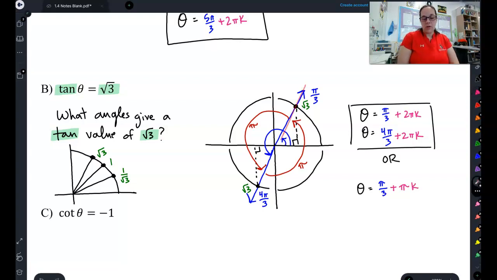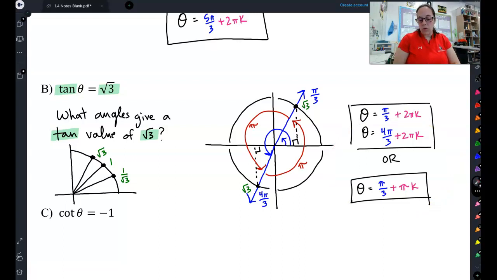So I start right here at pi thirds, and I add pi to get to this one, add pi to get to this one, add pi to get to that one, and that gives me all my coterminal angles. Or you could minus pi, minus pi, minus pi, minus pi. That gives you all your coterminal angles. Either one of these answers is totally accurate, totally fine. These are the angles I can plug into here that will give me the right tangent value.